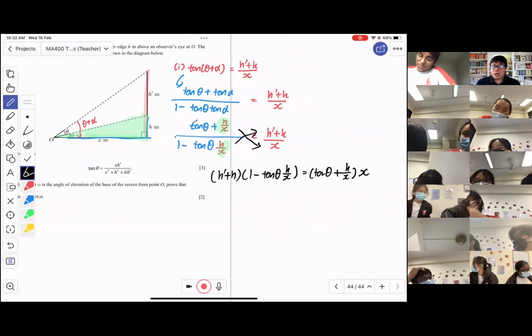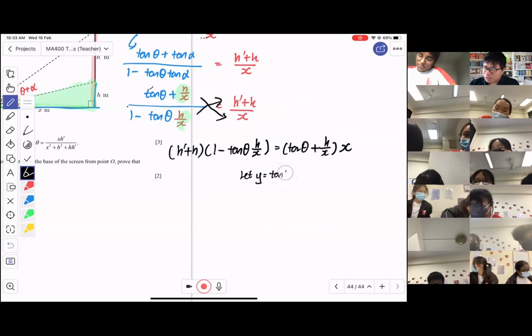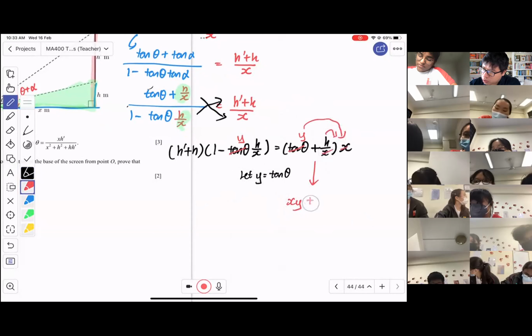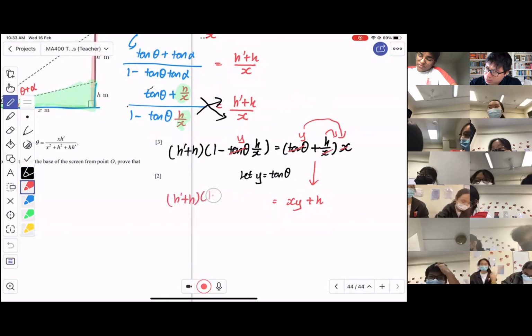For simplicity's sake, I let y be tangent theta, so that I don't have to spend so much time writing. So this will just be xy plus h. Now I want to make y the subject. Then this is h prime, y, 1 minus yh over x.